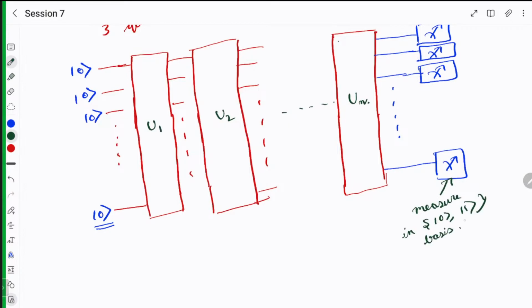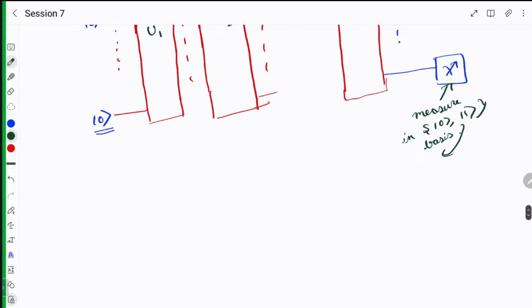By the way, if you remember, 0 and 1 are eigenvectors of the SZ operator, or sigma Z, since SZ can be written in terms of sigma Z. So these are eigenvectors of the sigma Z operator.